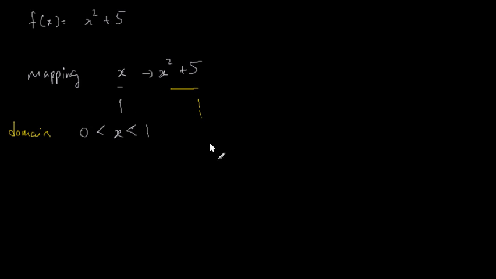So suppose that I say that the value I would allow of this mapping, which I call y, is between 4 and 6. And there's a name for this set of allowed values. It is called the codomain.